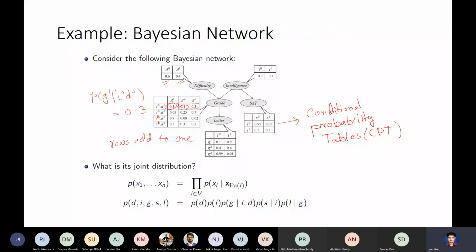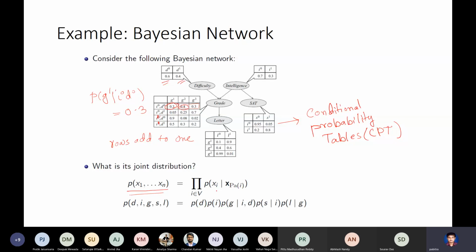Okay, so this is the complete representation, the DAG structure as well as the CPTs associated with each node. Why is this important? Because we can easily see that you can reconstruct the joint distribution using this DAG and the CPTs. How? Because we have already seen in the previous slides that every graph is a factorization.